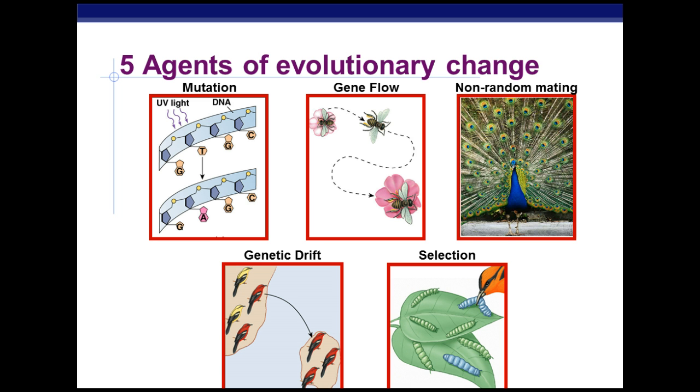So get those in your notes right now. It's important that you understand that these are the 5 agents of evolutionary change, because we're going to be talking about them in some detail pretty soon.